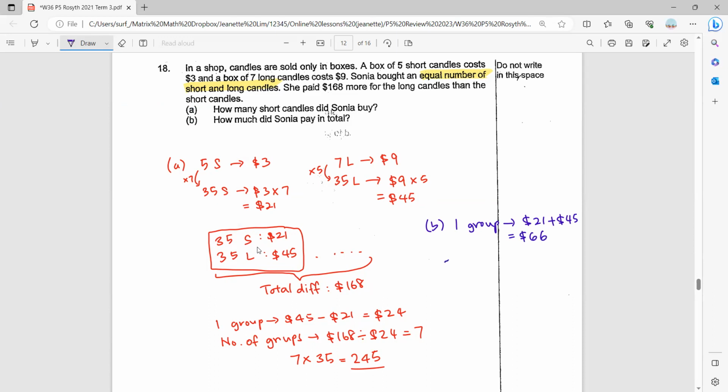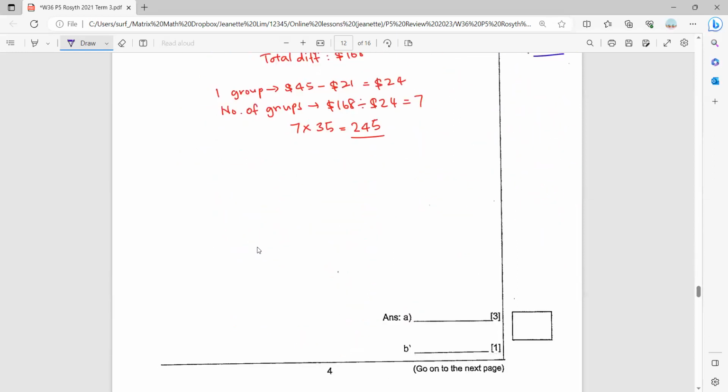So since there are 7 groups, so 66 times 7. $462. Okay, so answer for part A, 245. Answer for part B is $462.